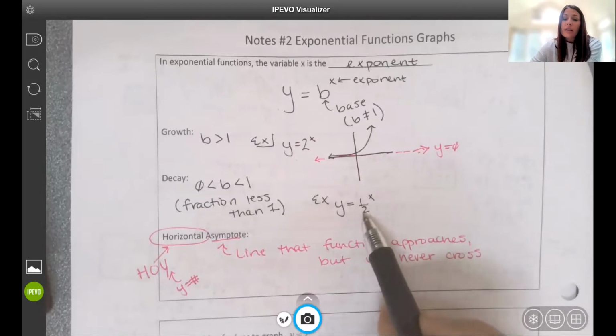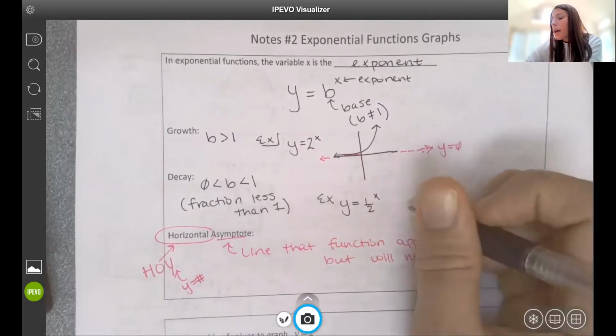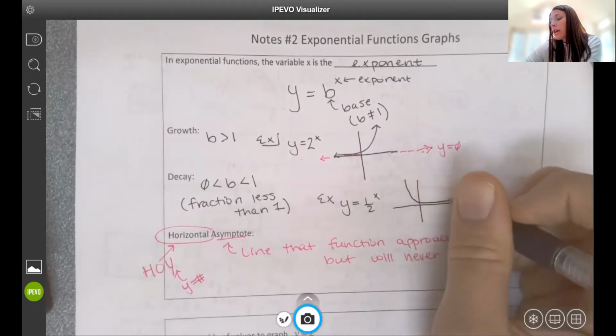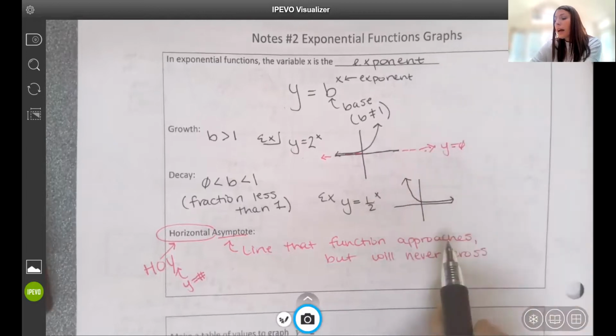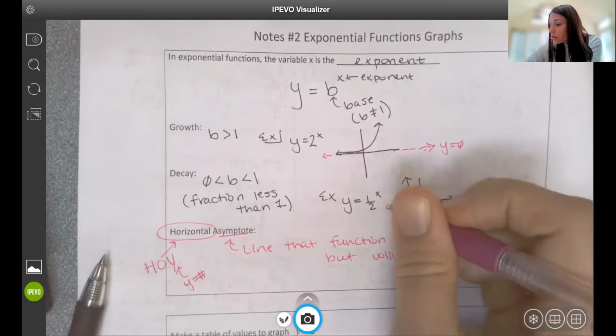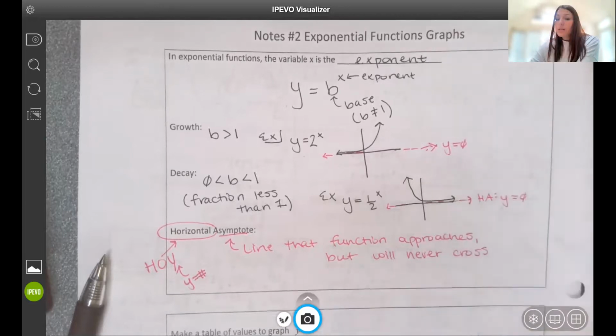This base is between 0 and 1. It's a fraction less than 1. And exponential decay has a graph that looks like this. And again, it's approaching 0, but will never cross 0 for this particular example. So again, I have this horizontal asymptote at y equals 0.